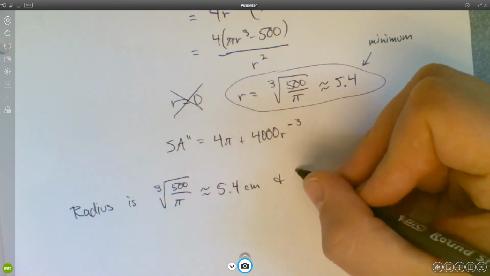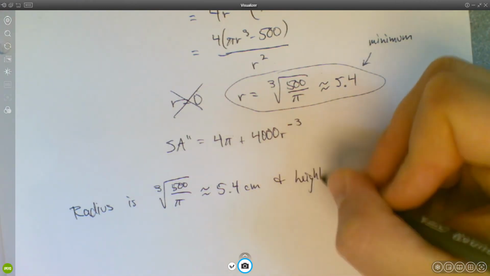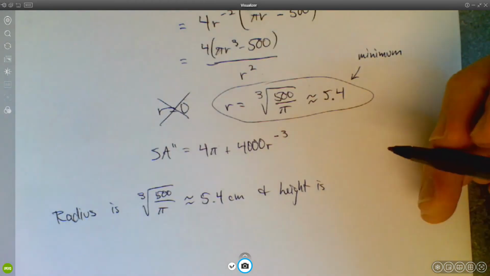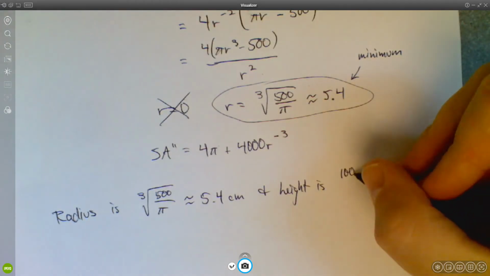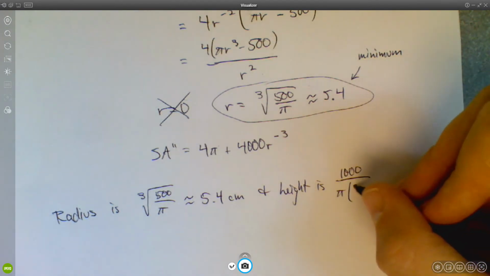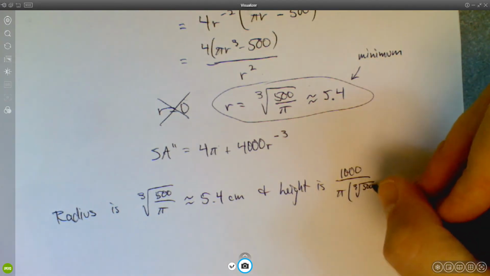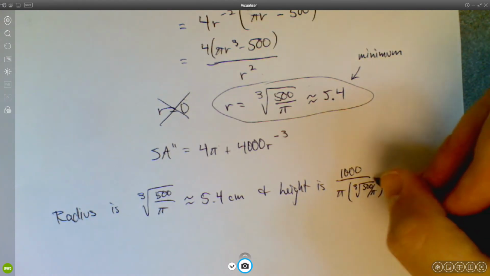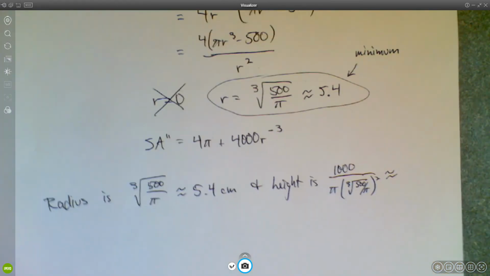And height is 1,000 over pi times radius squared.